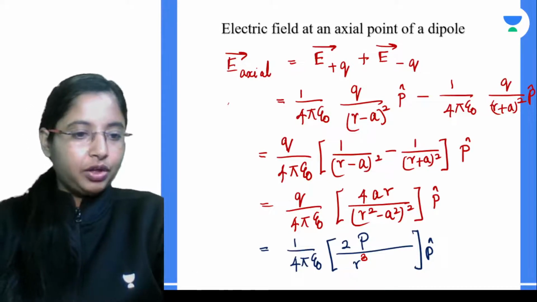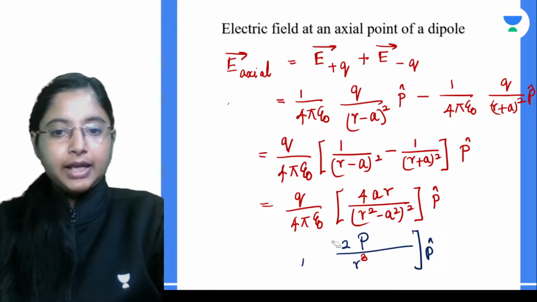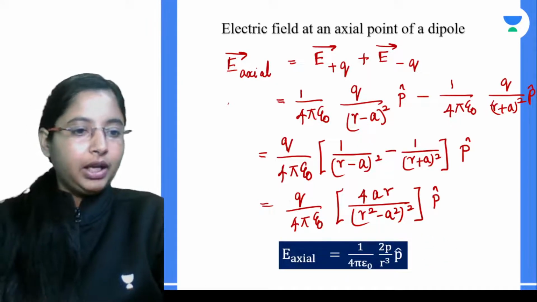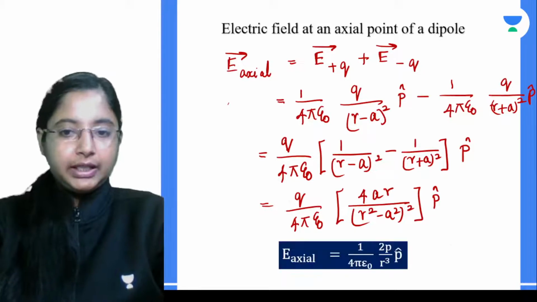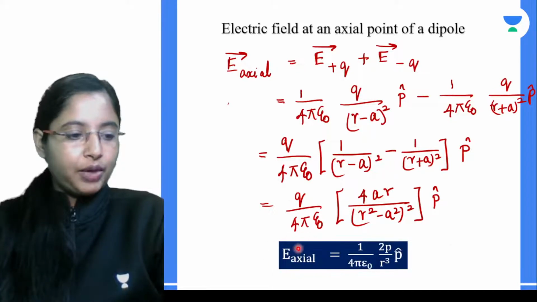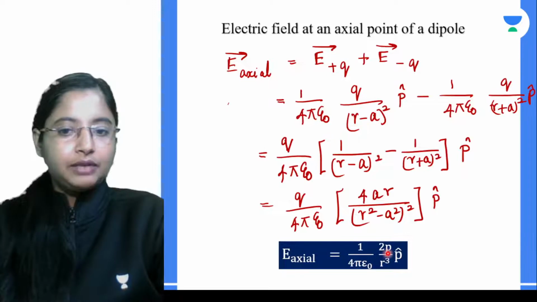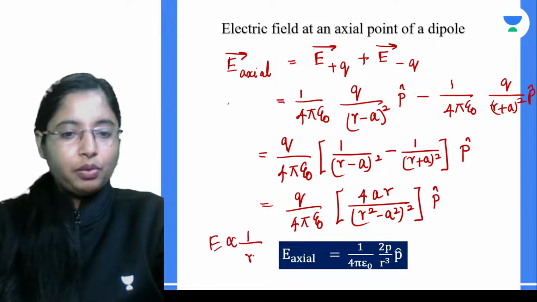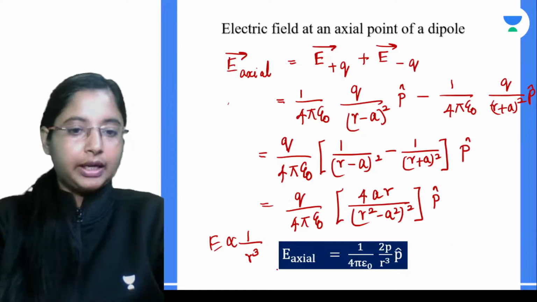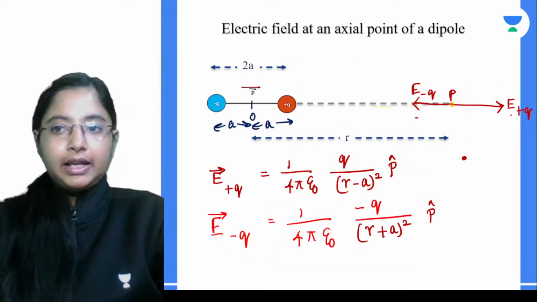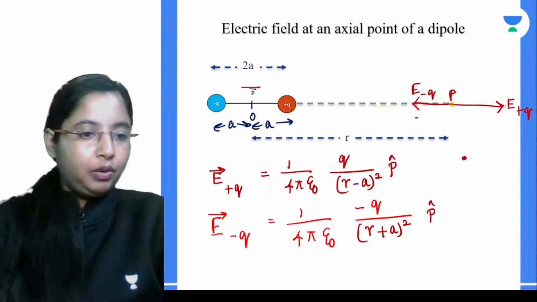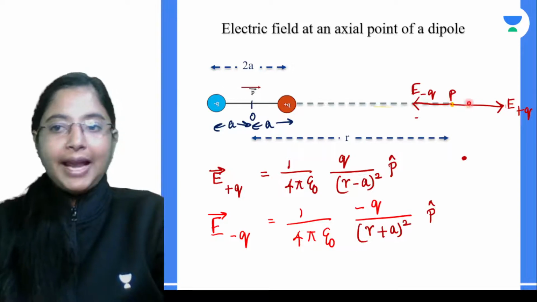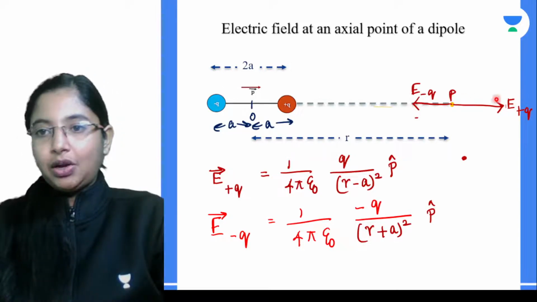What we got over here is electric field at an axial point P, at a distance R from the center. So electric field due to axial is inversely proportional to, E is inversely proportional to 1 by R cube, sorry, not square, R cube. So that's the electric field at this point. Now this positive charge obviously is closer than the negative charge, so the final total electric field will be along this direction.